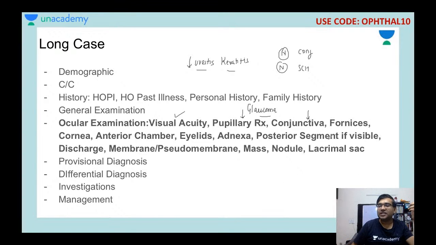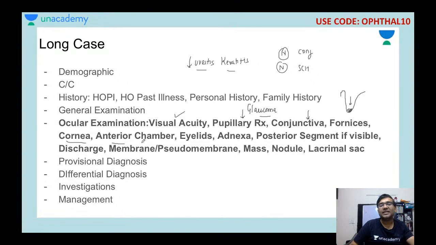Then you have to see the fornices. Fornices are so important when you are taking the history of any insult to the eye with trauma or with chemical injury. You have to see the cornea. In the cornea, you can have a corneal ulcer, corneal edema, keratitis, interstitial keratitis, endotheliitis.